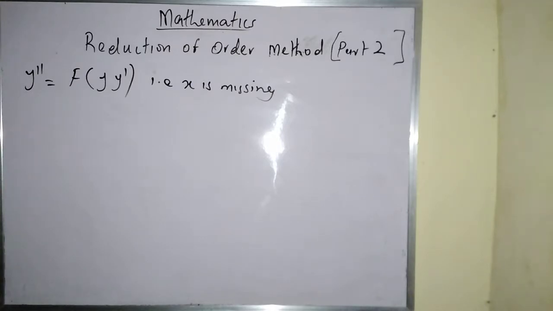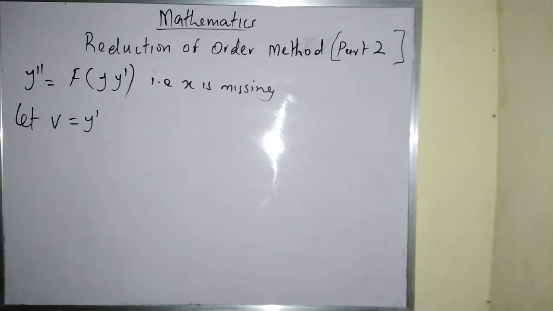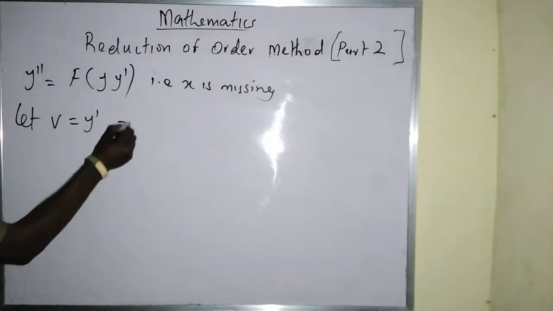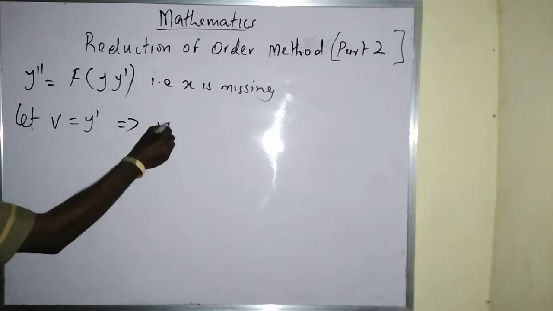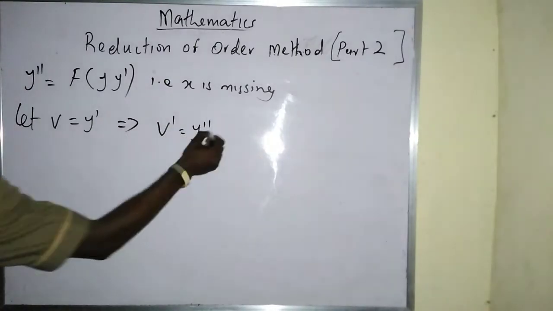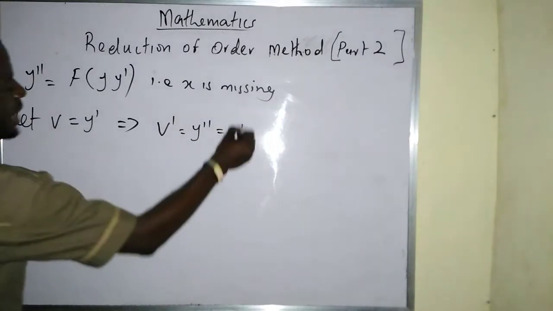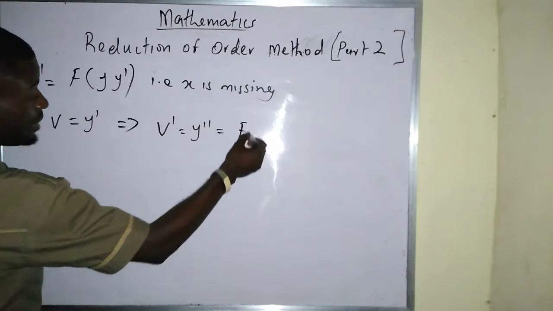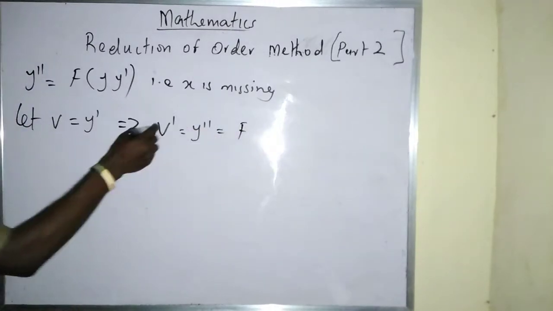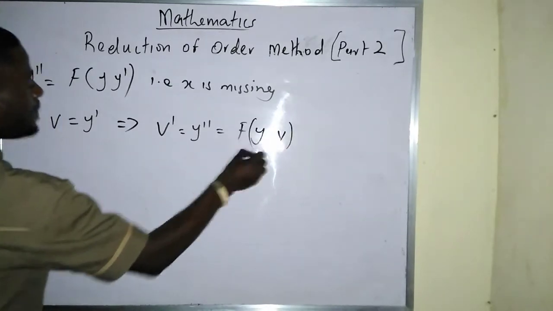What I will just do is that you let v equal u of y prime, which also implies v prime equals y prime prime, which can also be equal to, I can now move on by saying that my function of y will be v, because I'm having v prime.